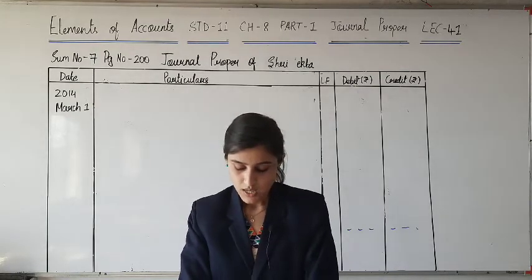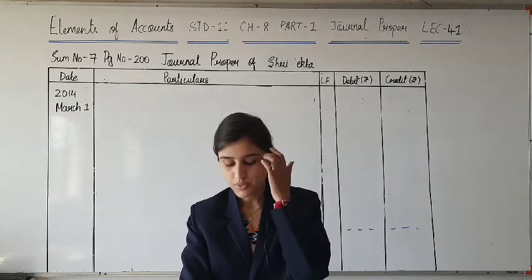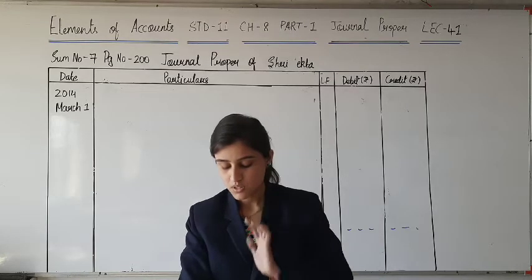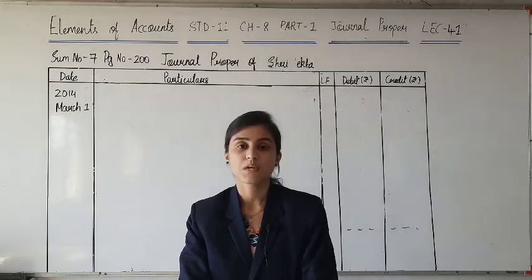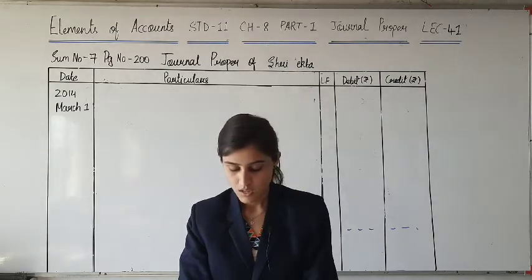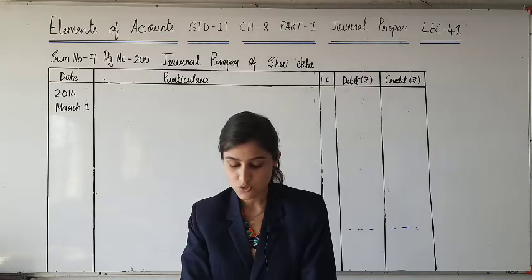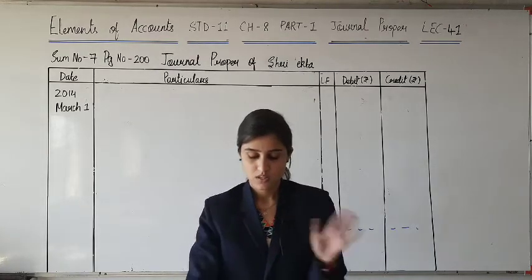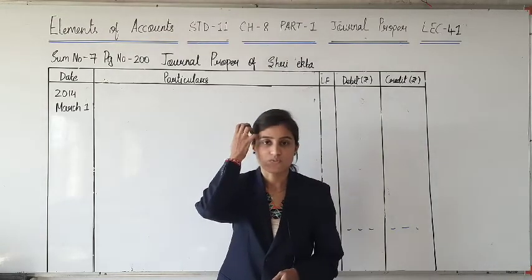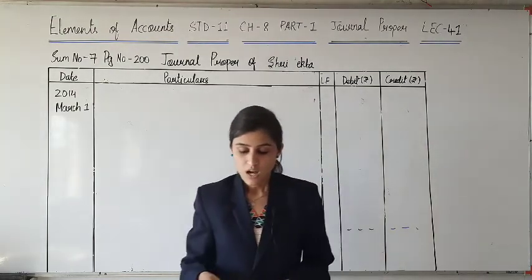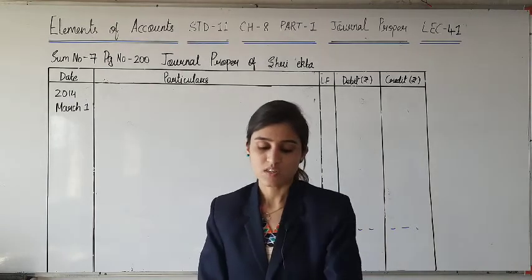I am going to explain the transaction on 8th of March. It says an amount of rupees 8,000 is receivable from Nirav and 8,200 is payable to Nalin. The account of Nalin was settled by Nirav accepting to pay 8,000. Understand the situation, understand the transaction first of all. How much is payable to Nalin? 8,200.